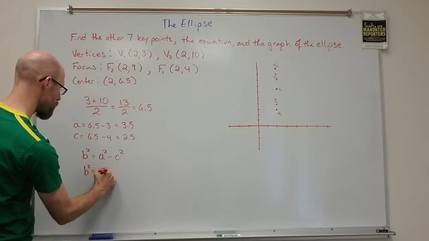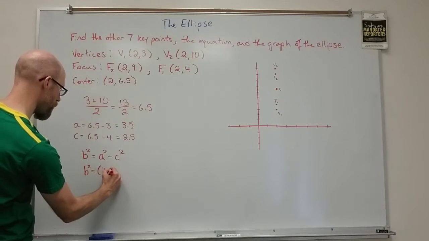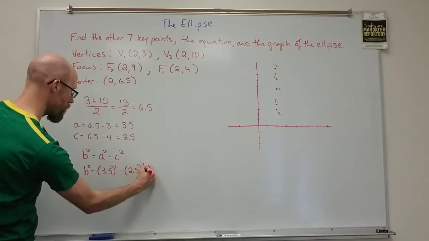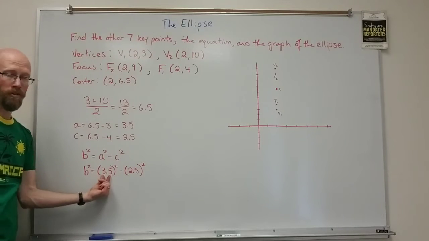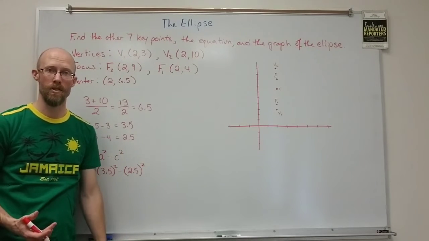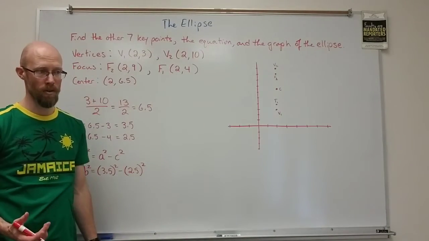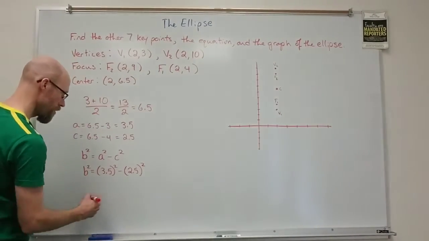So b squared is going to be, well, 3.5 squared minus 2.5 squared. 3.5 squared, that's 7 halves squared, is 49 fourths, which is 12.25.